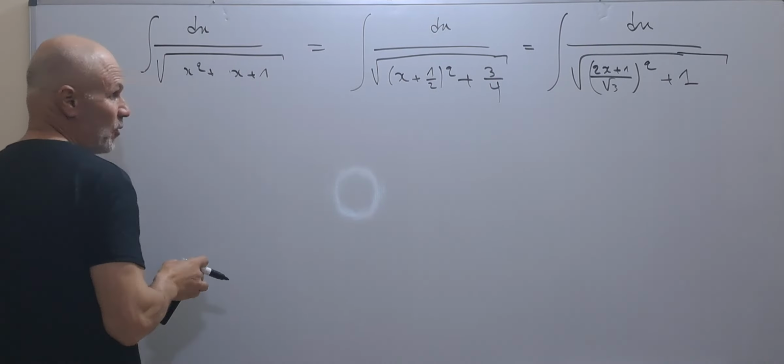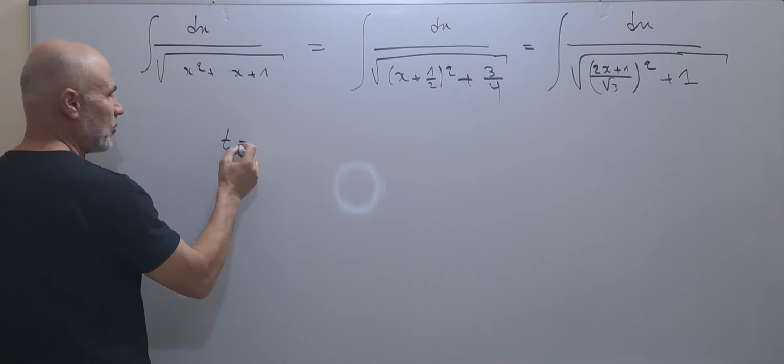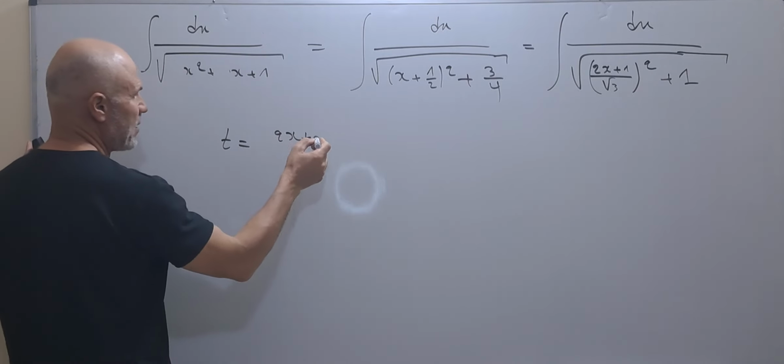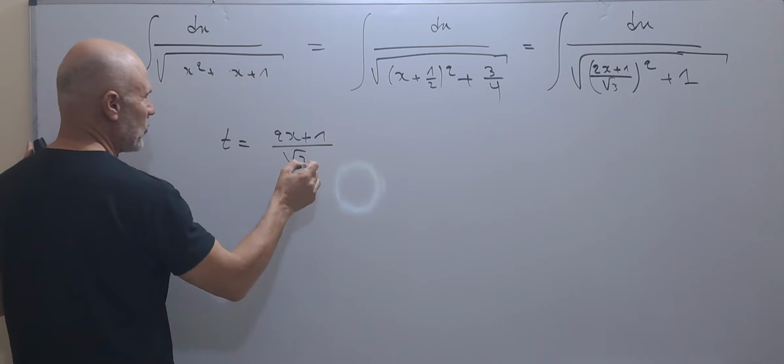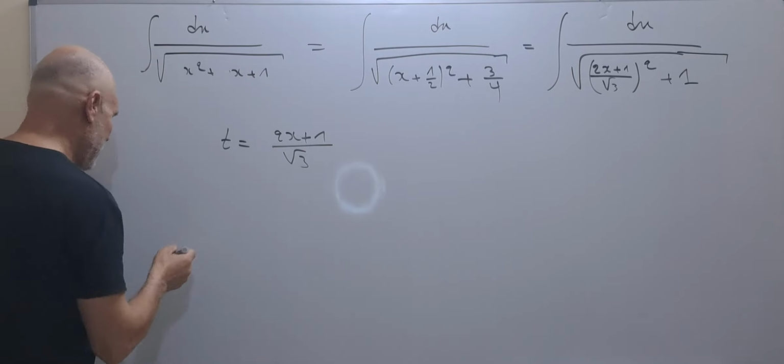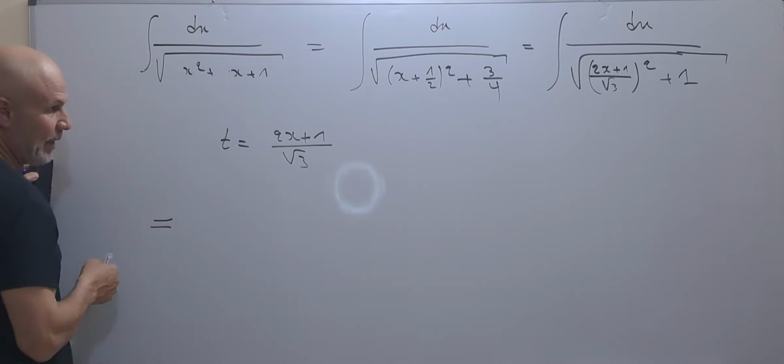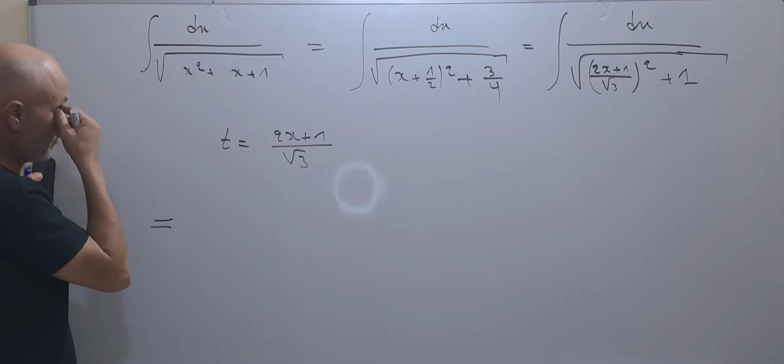Using the change of variables, we put t equal to x plus 1 over the square root of 3. This gives us an application of what we saw before.